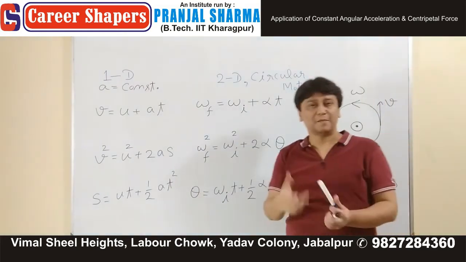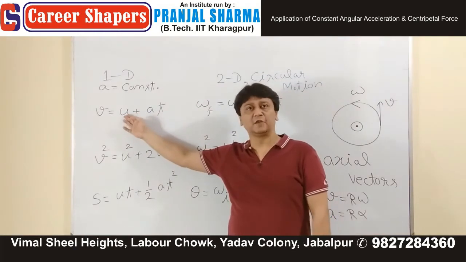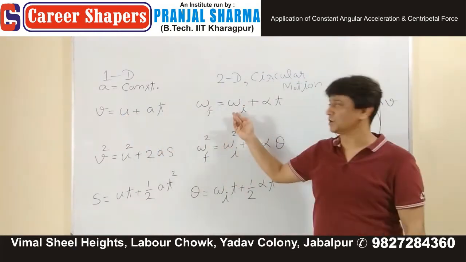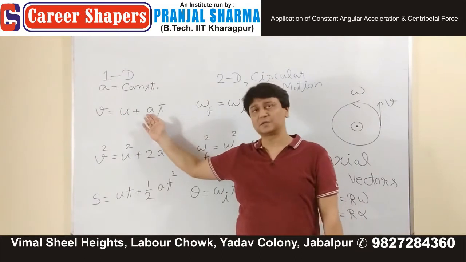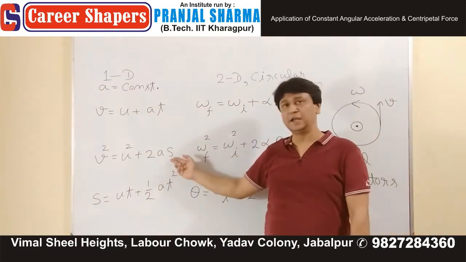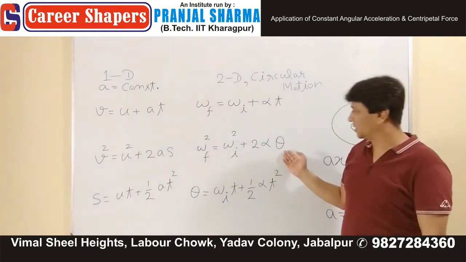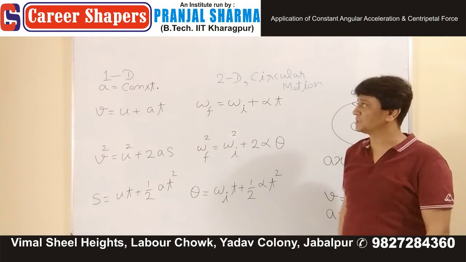So you need to remember what? This is linear velocity, this becomes angular. This is acceleration, linear, it becomes angular. This is linear, linear means straight line. Linear displacement, it becomes what? Angular displacement.